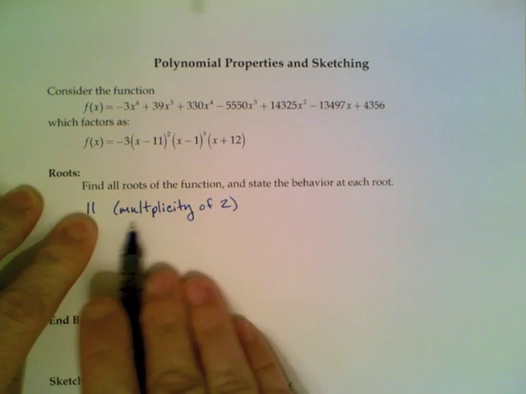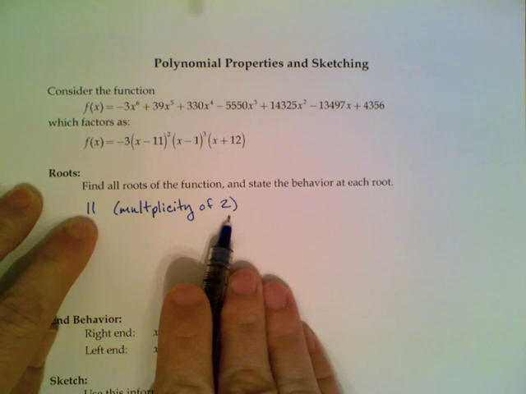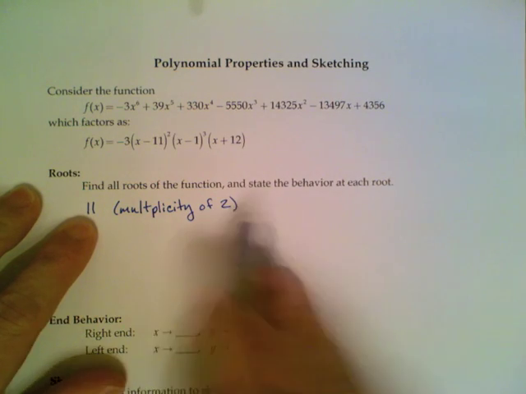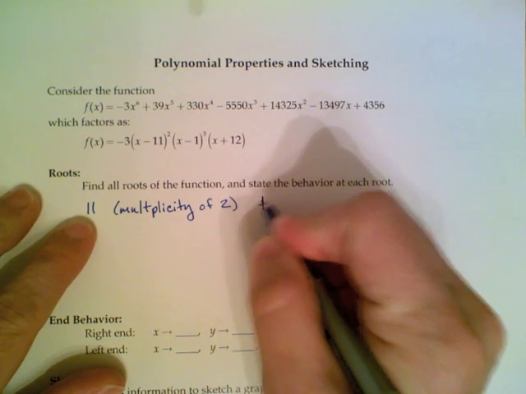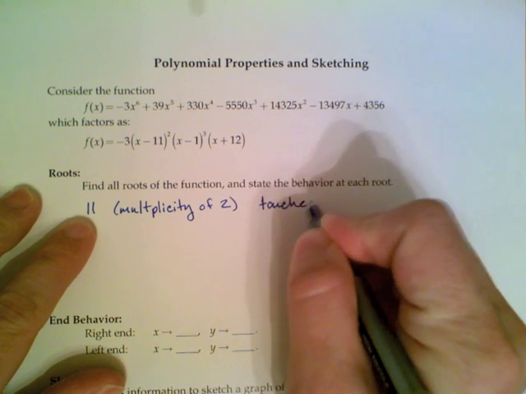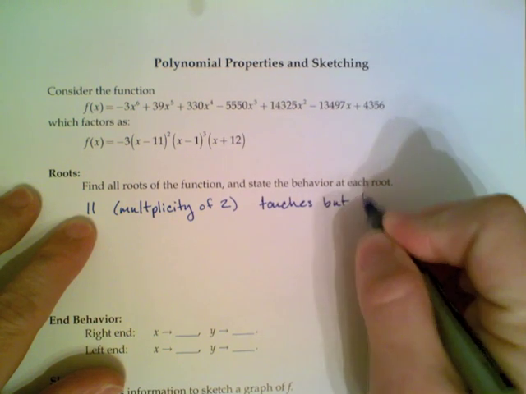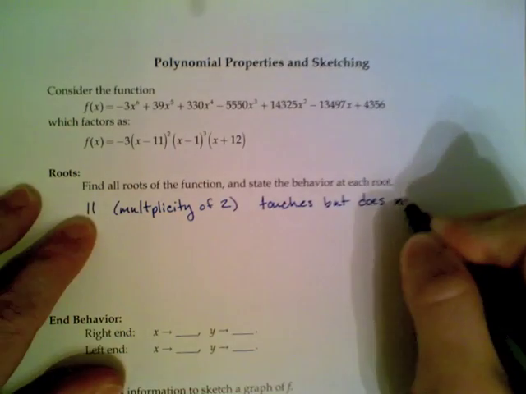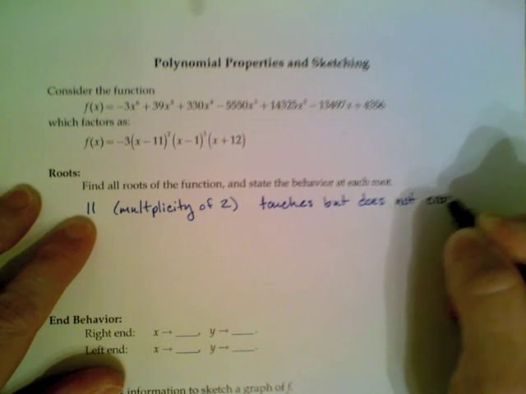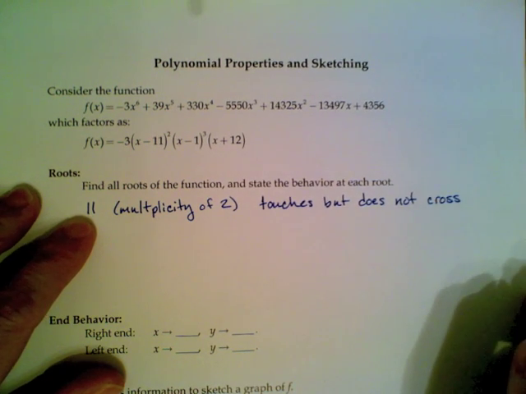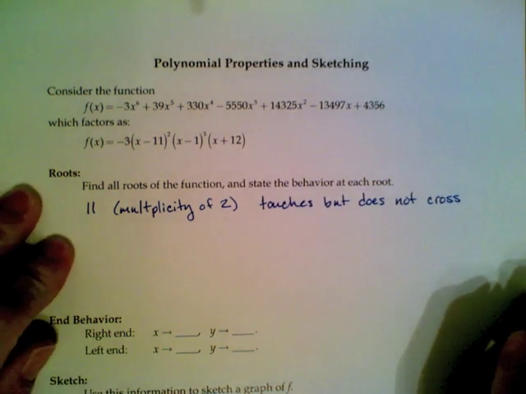You don't have to tell me that the multiplicity is 2, but you need to know that because the multiplicity is 2, the function touches but does not cross. That's what we mean by root behavior. Either it touches, it crosses, maybe it crosses with a wiggle.